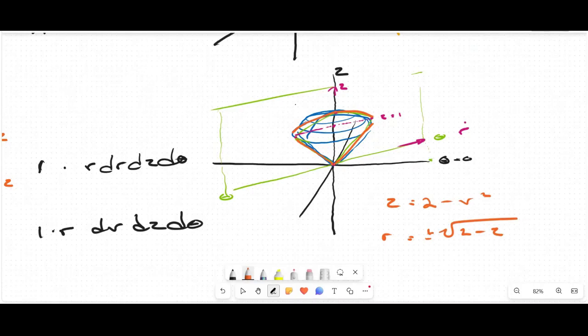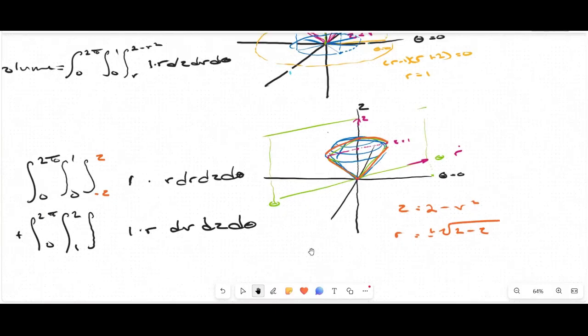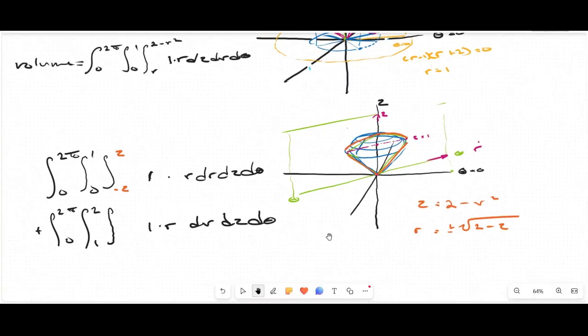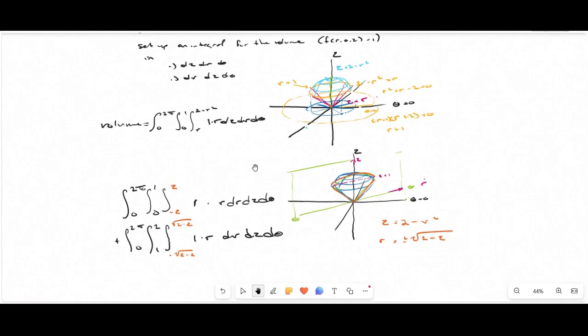Okay, well, then those are our two bounds, right? Down here we get negative root 2 minus z, and up here we get positive root 2 minus z. Okay, let's just look at those two for a second real quick.